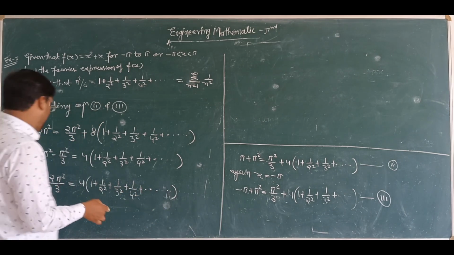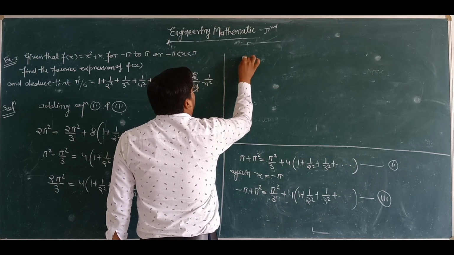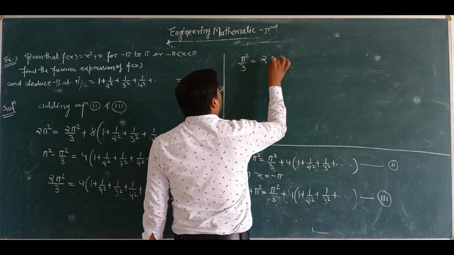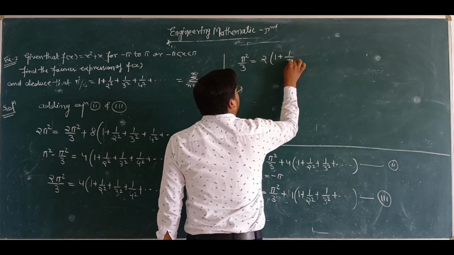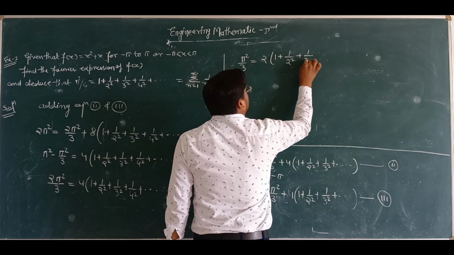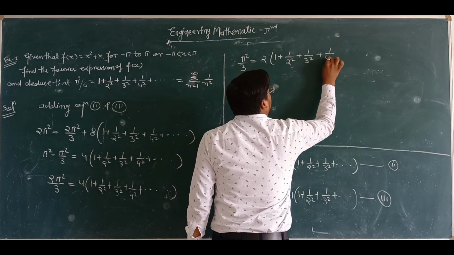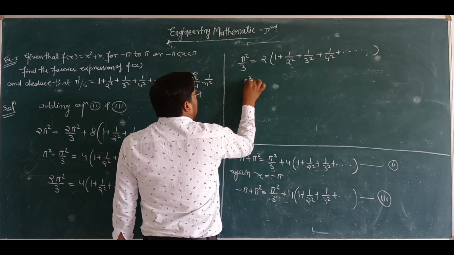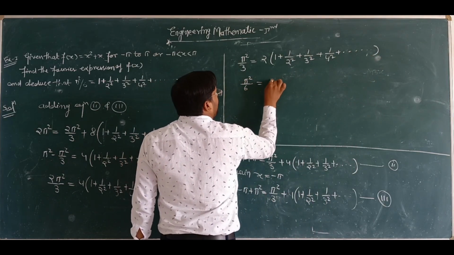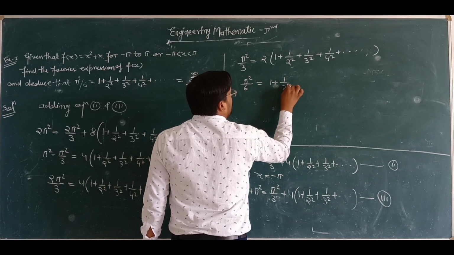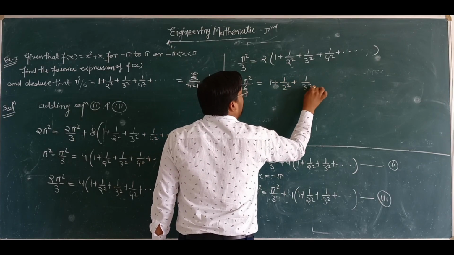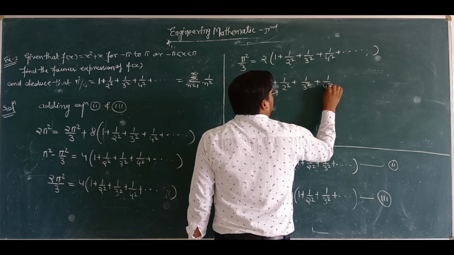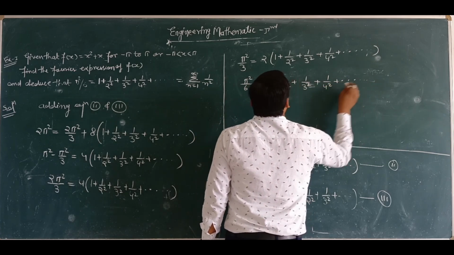Now you can write pi square by 3 is equal to 2 bracket 1 plus 1 upon 2 to the power 2 plus 1 upon 3 to the power 2 plus 1 upon 4 to the power 2 plus so on. Now you can write pi square by 6 is equal to 1 plus 1 upon 2 to the power 2 plus 1 upon 3 to the power 2 plus 1 upon 4 to the power 2 plus so on.